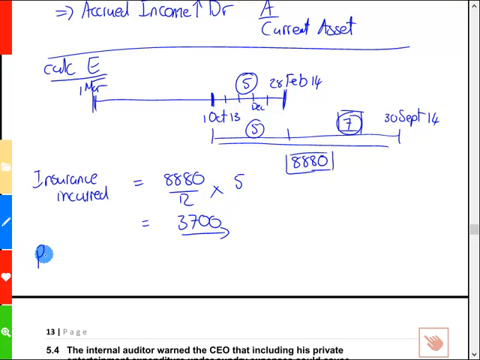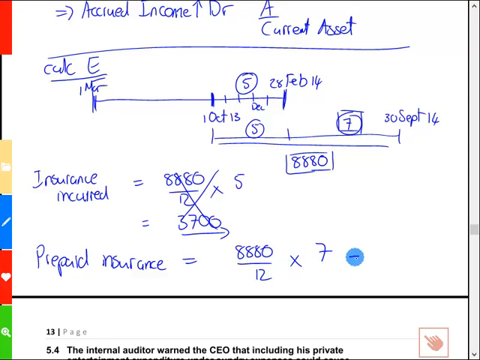So prepaid insurance, we actually didn't need to calculate this, but prepaid insurance is going to be 8,880 divided by 12 to get the insurance for 1 month. 7 months is prepaid, and that's going to give us 5,180. Right, so 5,180 has been prepaid. We know this information has already been taken into account in the income statement.